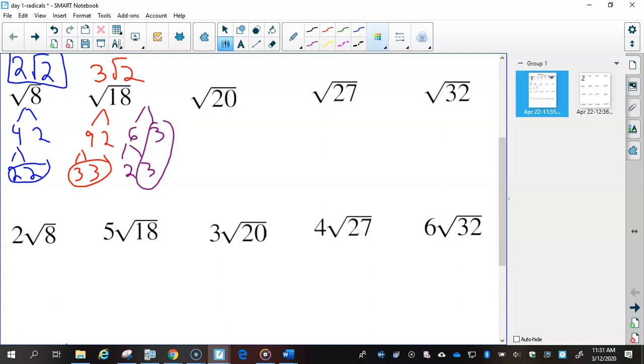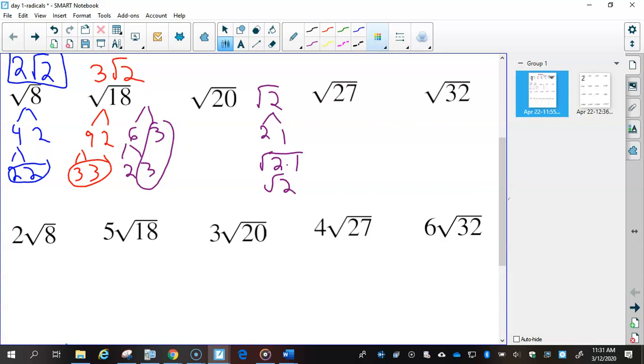Neither of those are a pair, so that means this would stay inside. It should be 2 times 1, which is just 2.